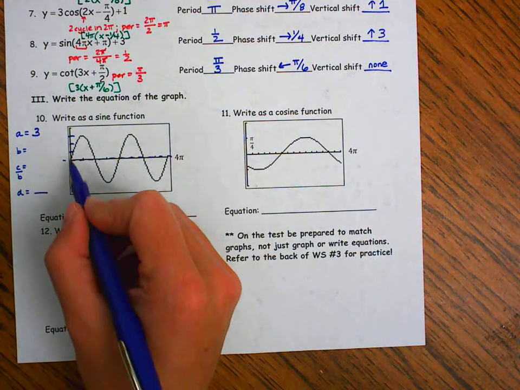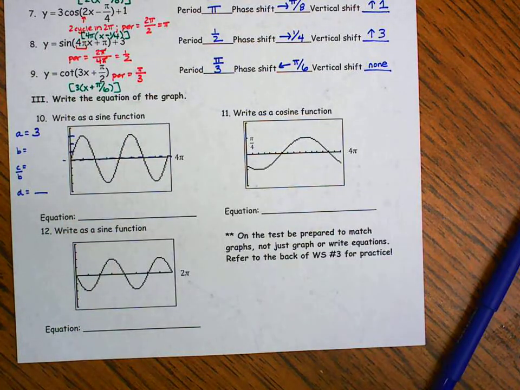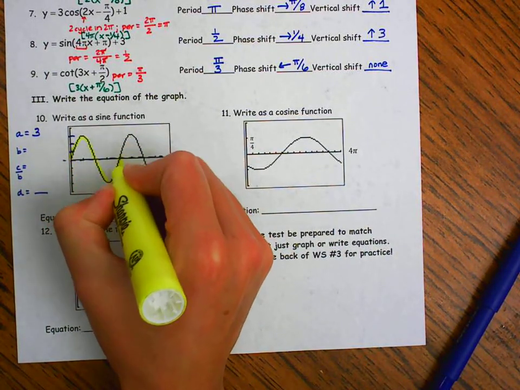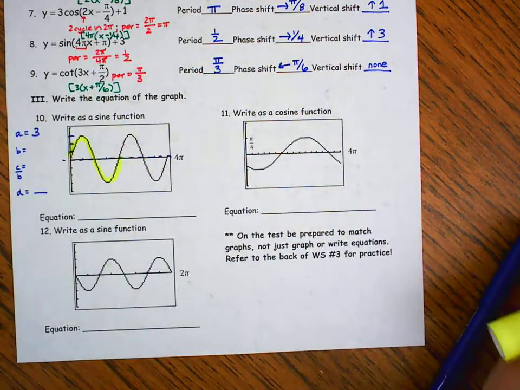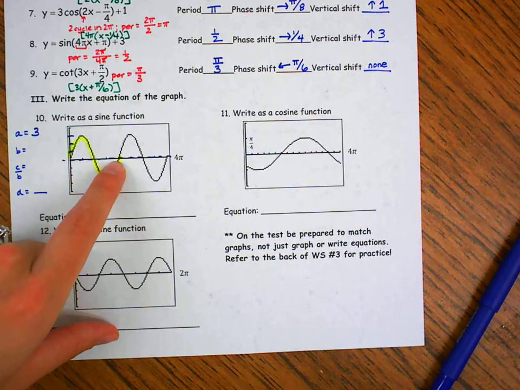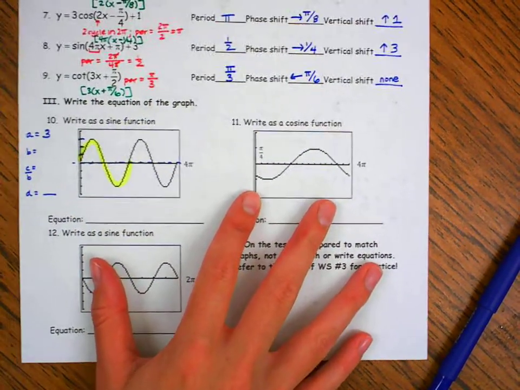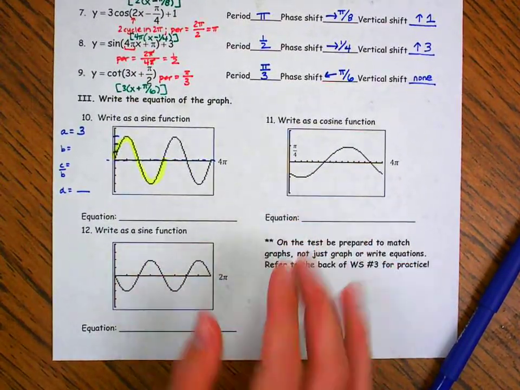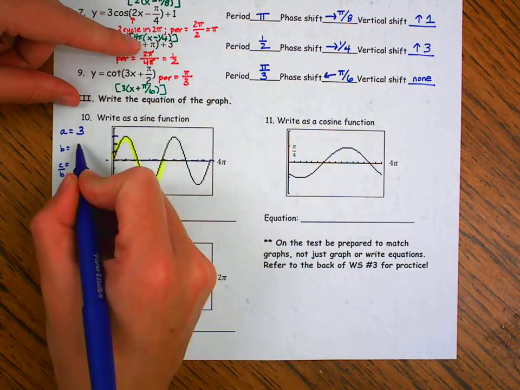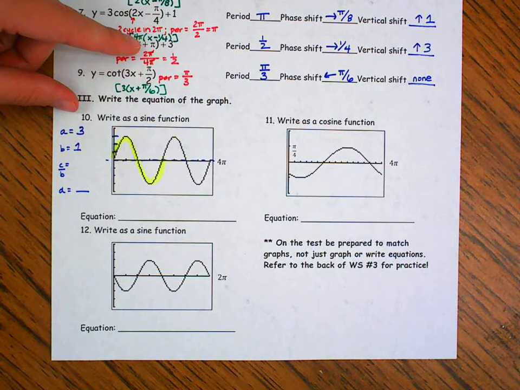Okay, if this whole thing is 4 pi, this much is 2 pi. How many cycles did I have in 2 pi? Well, I only have 1 full cycle, right? So B, the number of cycles in 2 pi, is 1.